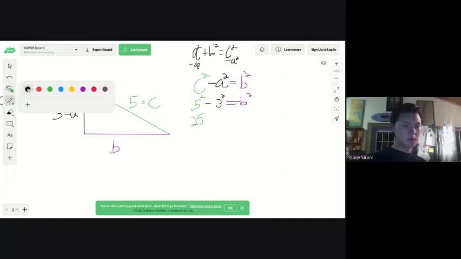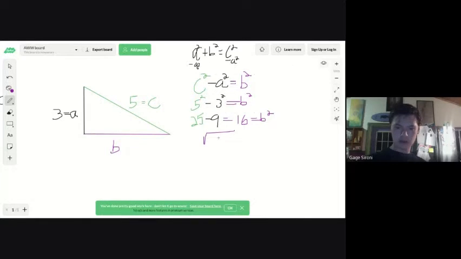And over here, we've got 3 squared, which is 3 times 3, or 9. 25 minus 9 is 16. As before, this 16 equals b squared. So we're going to take the square root of 16, which is 4. So right here, b equals 4, whatever my units are.